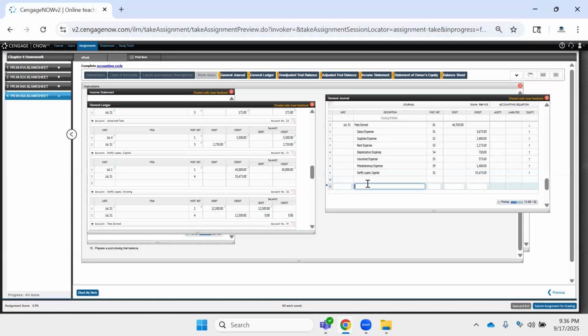And so our credit is going to be Steffi Lopez drawing. And then our debit is going to be Steffi Lopez capital because it reduces our capital account. And that's going to be the full amount of the drawings for the month.